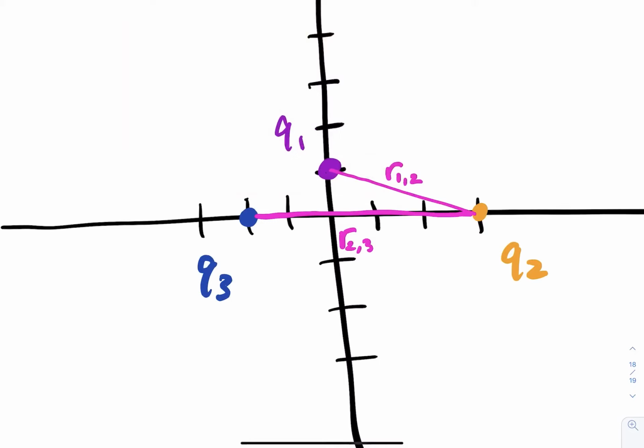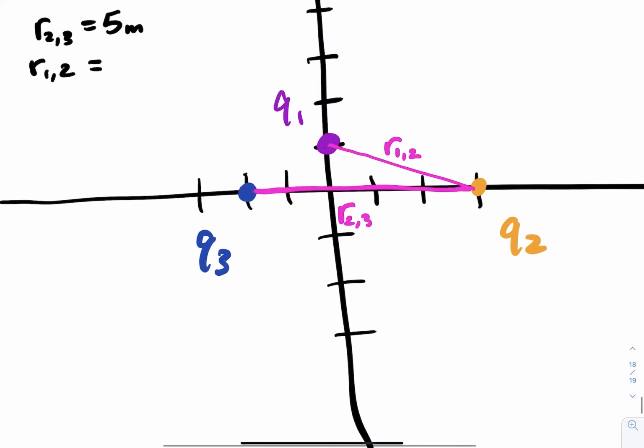Something else then that we can show from just what we're given here is then we know R2,3, well, that's just 1, 2, 3, 4, 5, 6 meters, isn't it? Sorry, bad math. It's 5. Hope you caught me. 5 meters. We know that R1,2 is, so it looks like we'll have to do a little Pythagorean theorem, won't we?